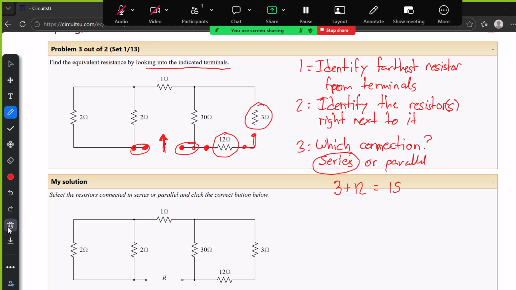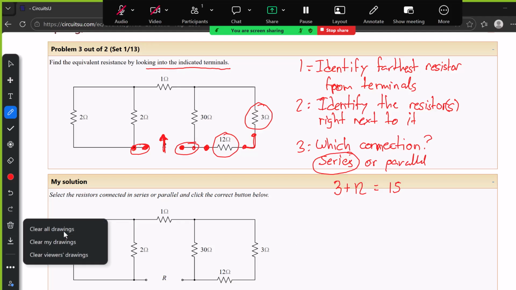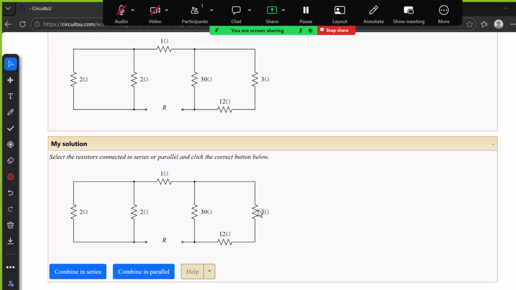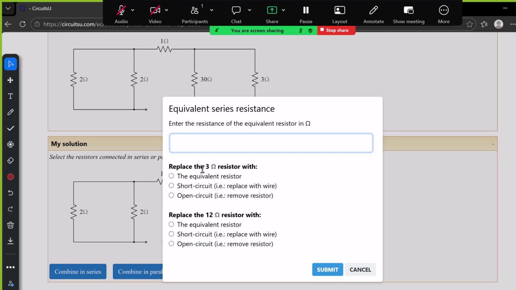Now let me clear all the drawings, and then I will go into CircuitsU to combine the 3 and the 12 in series. So I will select the 3, select the 12, combine in series. Then, since they're in series, we need to replace one of them with a short wire so as to keep the circuit as it is.